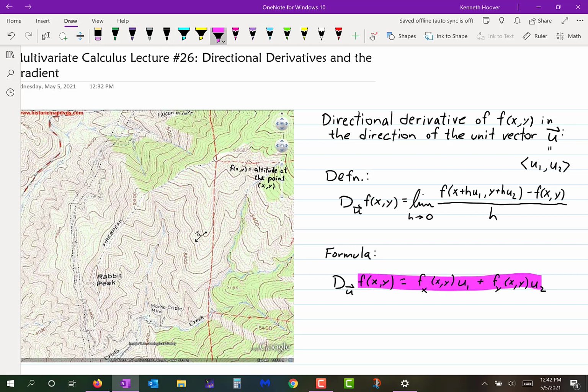This is a heck of a lot easier to calculate than trying to calculate this limit here. Okay? So that is the directional derivative of f in the direction of u.